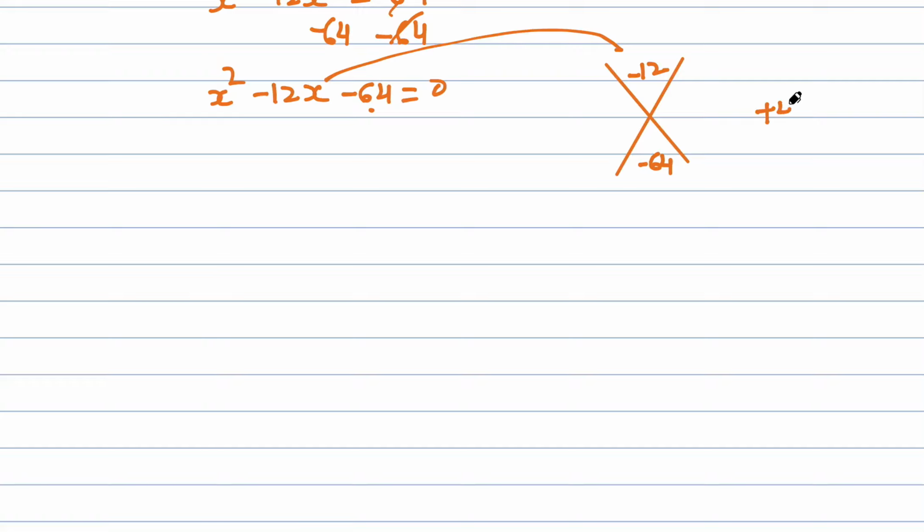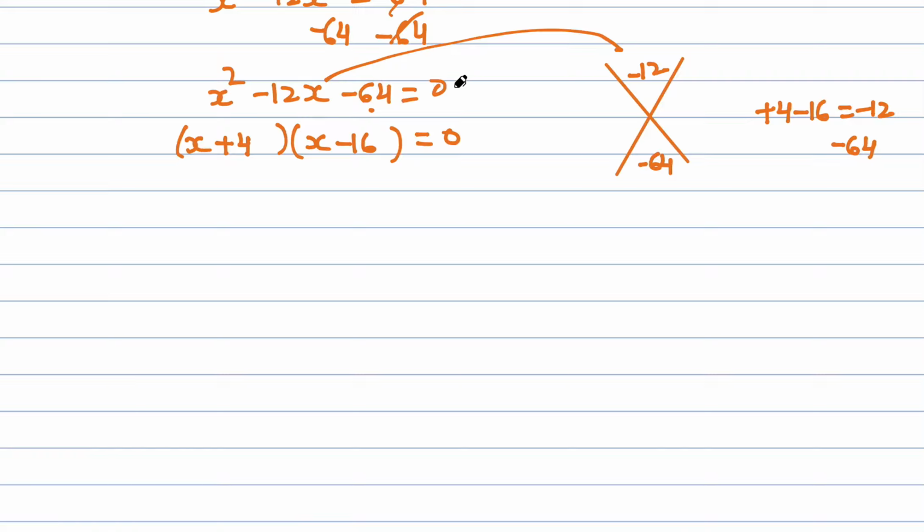So it's plus 4 and minus 16. It is giving me negative 12, and multiplied, it gives me negative 64. So I can break this into x plus 4, the first number, and x minus 16 as the second number.